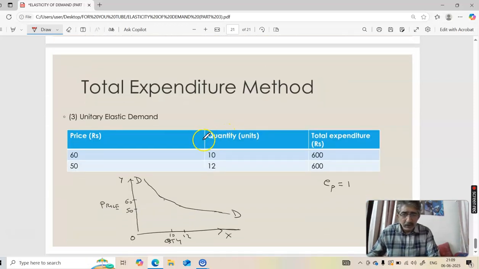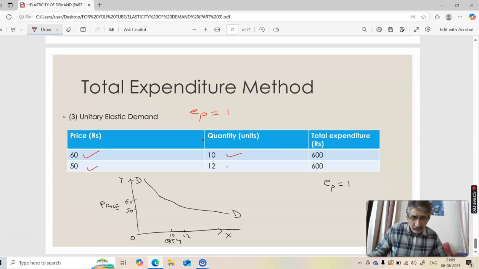We move further. Third case, unitary elastic demand, where EP is equal to 1. In this case, let's focus over here in the first column. When the price was rupees 60, the consumer was buying 10 units. Price has fallen down to 50, and the consumer has started buying 12 units.